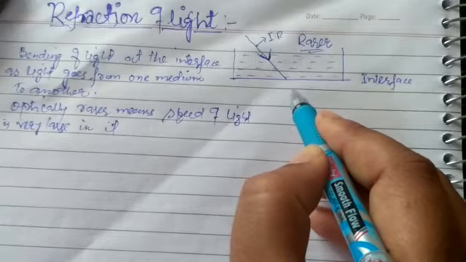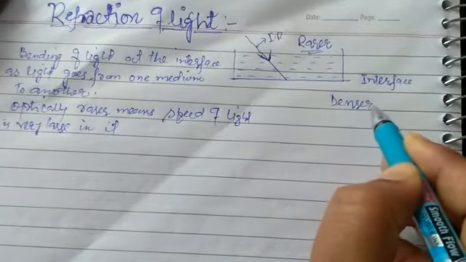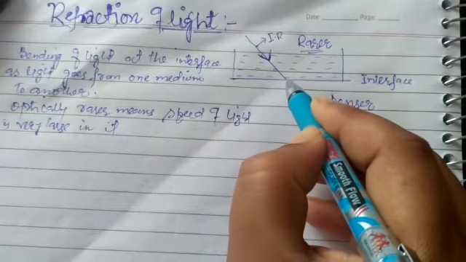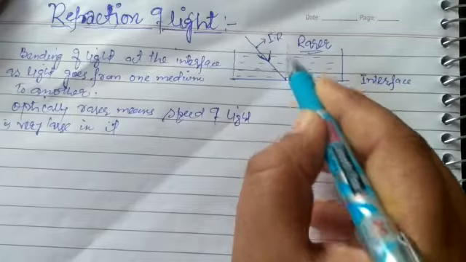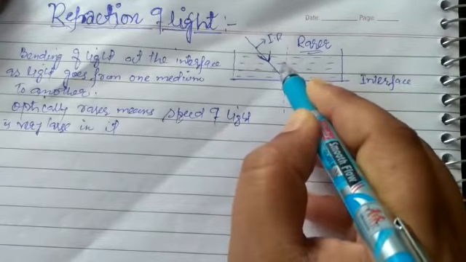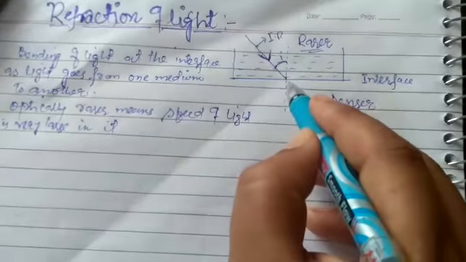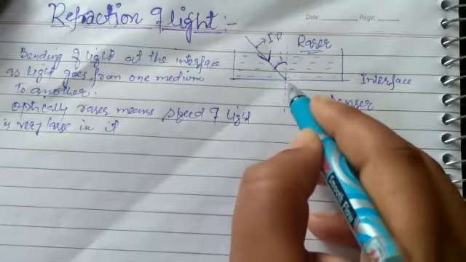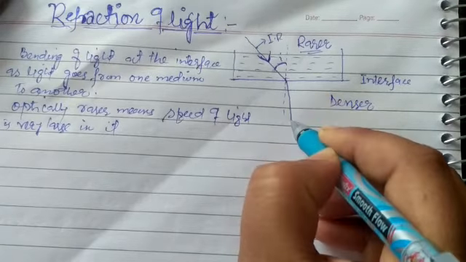Once it enters this very medium, if I take this as an optically denser medium, then at this interface, if I draw a normal, this is the normal, and this angle is called the angle of incidence. Now as the ray of light goes from rarer to denser, at the interface it bends here and goes like this.